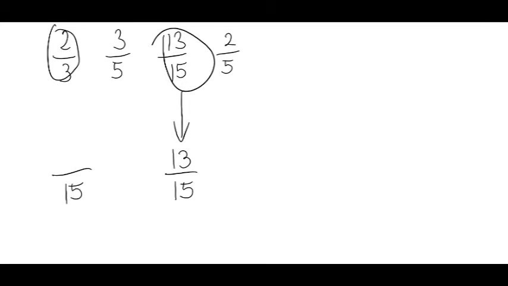Well, we would have to multiply that by 5 to get 15ths. Now if we multiply the bottom by 5, we have to multiply the top by the same amount. That's what we do with fractions, that's the rule. So we've multiplied this by 5 to get 15ths, so the numerator, the one at the top, must also be multiplied by 5. So 5 times 2 is 10. So there you go, we've converted that into 15ths.